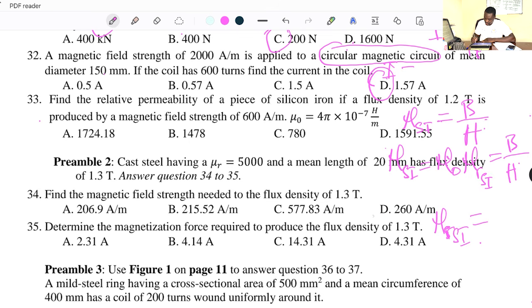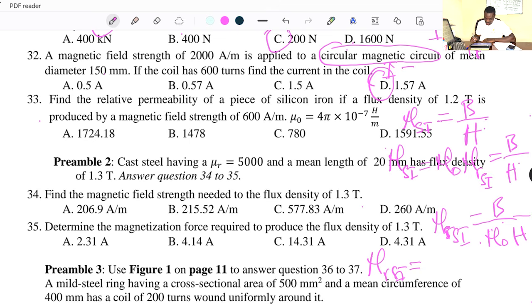This abbreviation is for silicon iron. That will be the magnetic flux density over the permeability of free space times the magnetic field strength. We replace the values.